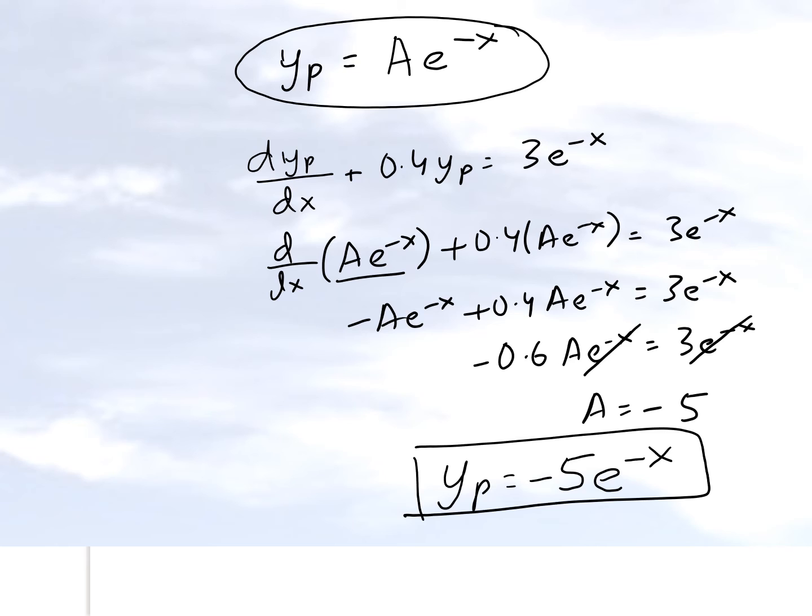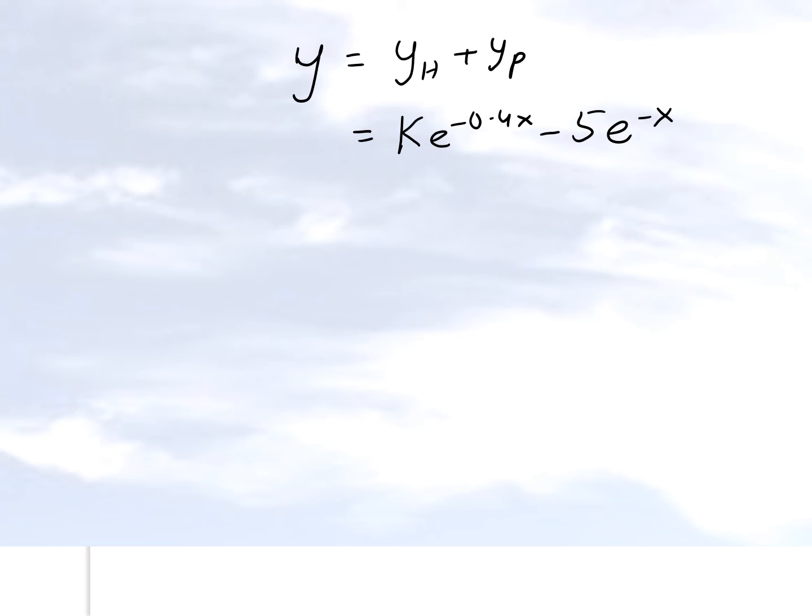So let's now add the homogeneous part and the particular part to find out what the complete solution is. The complete solution will be the homogeneous part plus the particular part. The homogeneous part is k e to the power minus 0.4x. The particular part is minus 5 e to the power minus x.